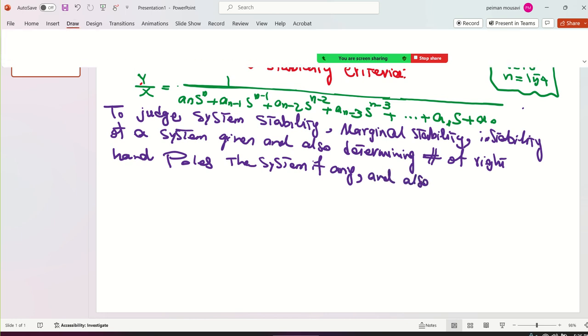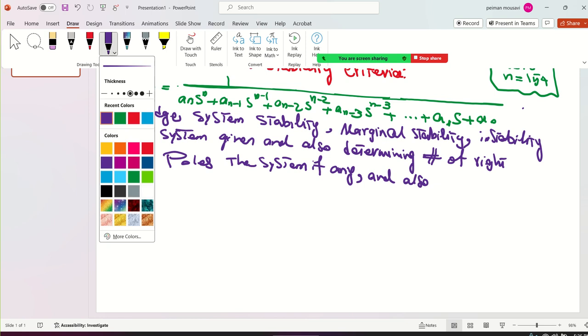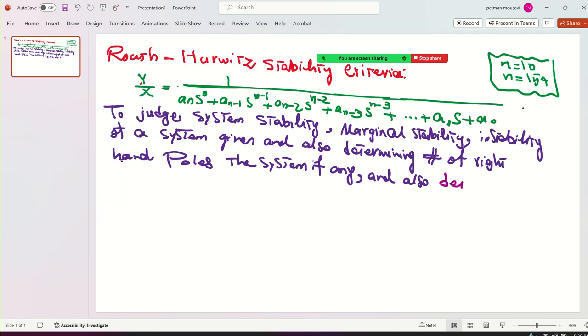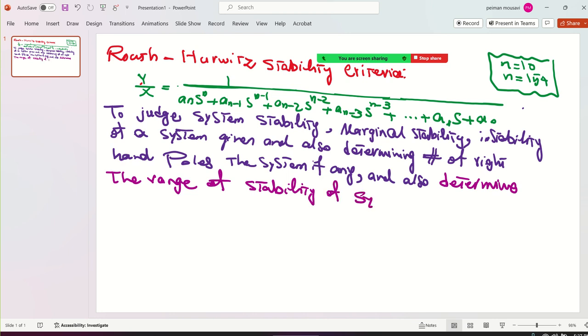I'm changing the color because it's very important. It's going to help us in designing controllers, PID, and also determine the range of stability for system parameters.